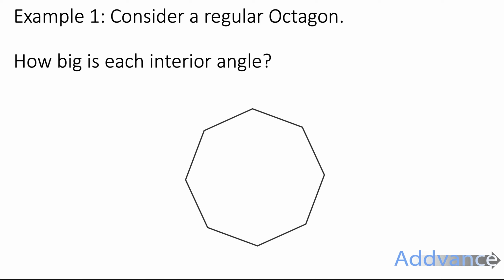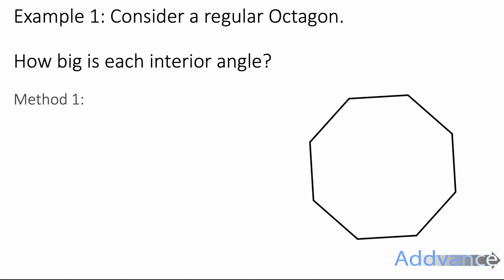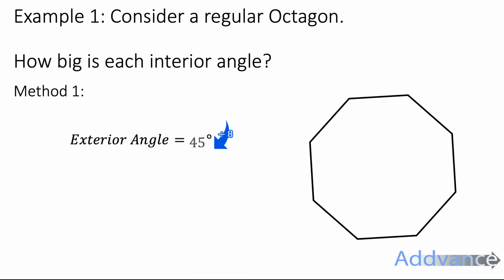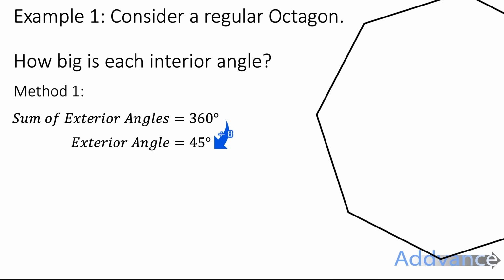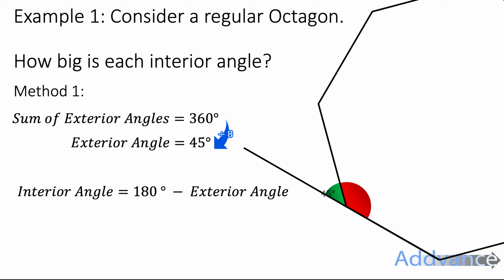Let's start with example 1. Consider a regular octagon. How big is each interior angle? Okay, so there's 2 methods. I'm going to show you method 1 first, and it's going to use the sum of exterior angles equal to 360. We can divide that by 8 to find what each exterior angle is equal to, and we get that each exterior angle is 45 degrees.